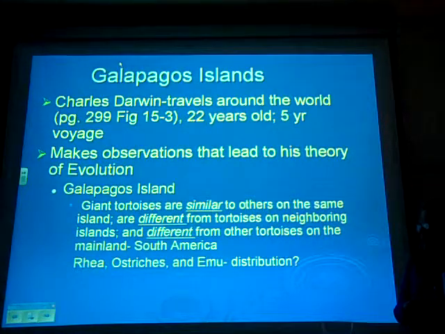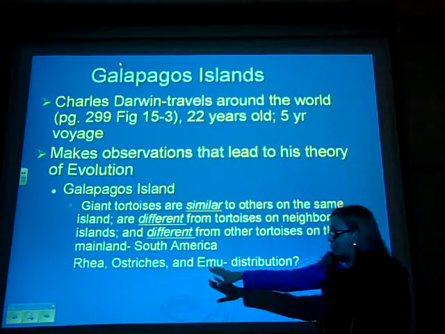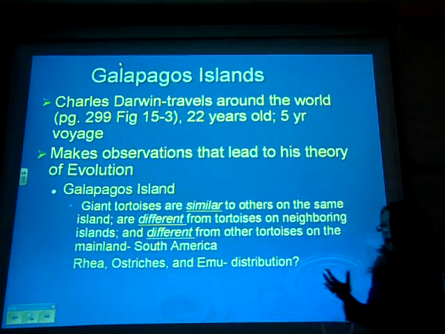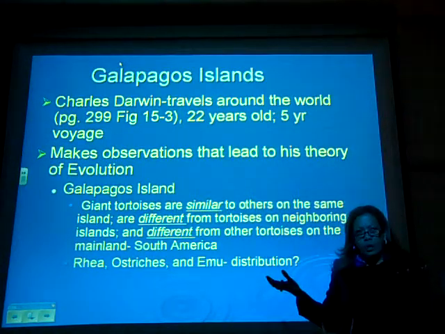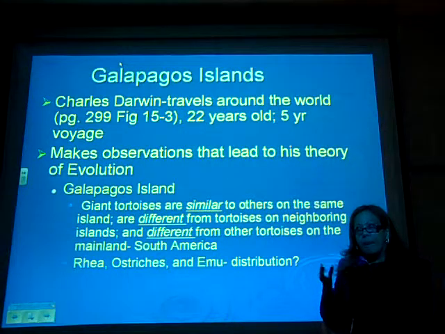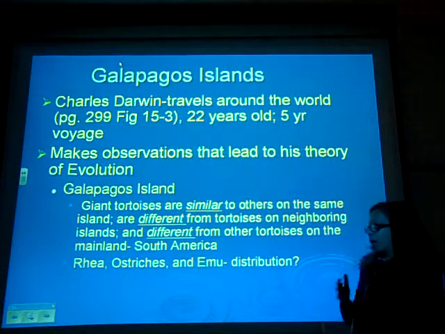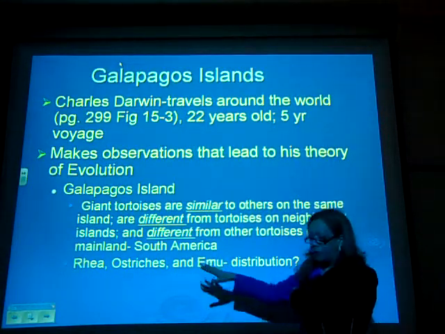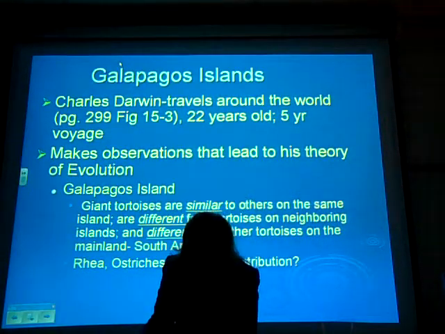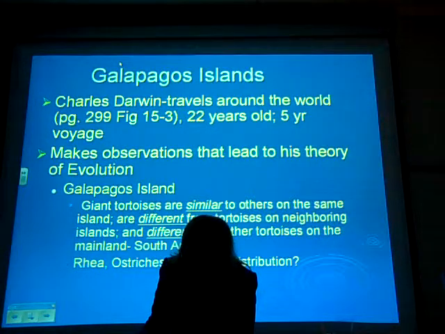And not only did he make these observations with tortoises, he also looked at birds, the rhea, the ostriches, and the emu, and started to ask himself why these birds look so similar, but had differences as well, and were found in different continents. Your book does a very good job of illustrating these observations on page 299.